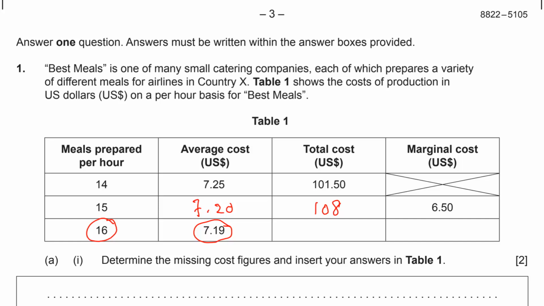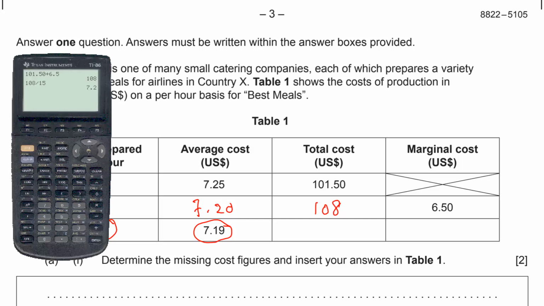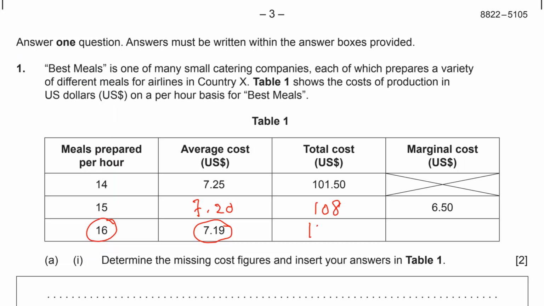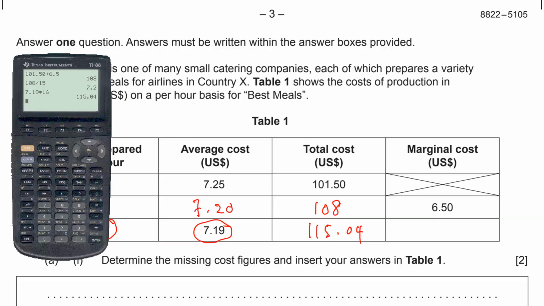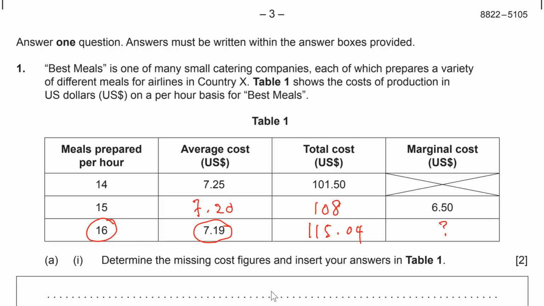So let's go ahead and do that. $7.19 multiplied by 16 gives us a total cost of $115.04. It was 04, beg your pardon, not 40. Great, and that's right.